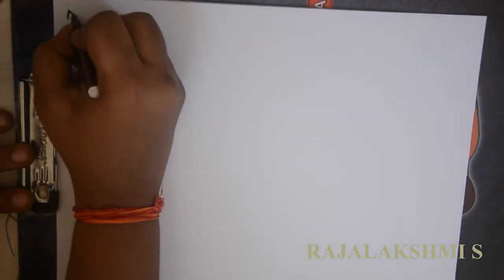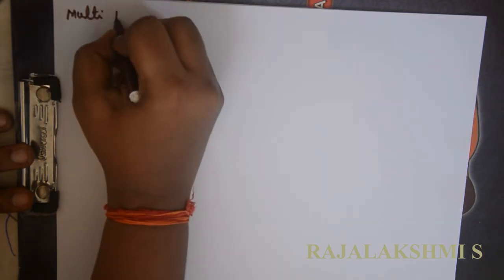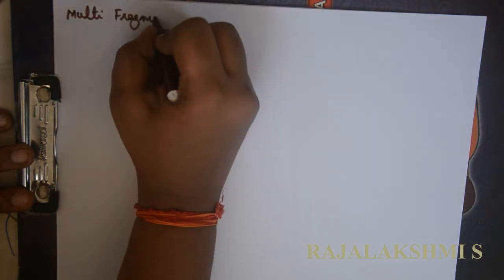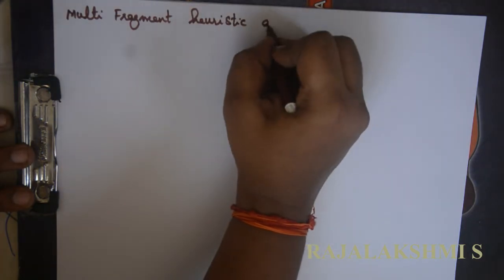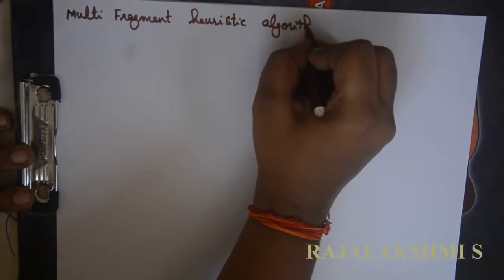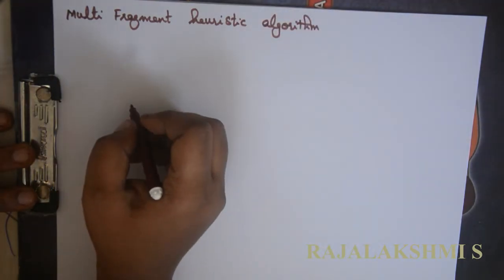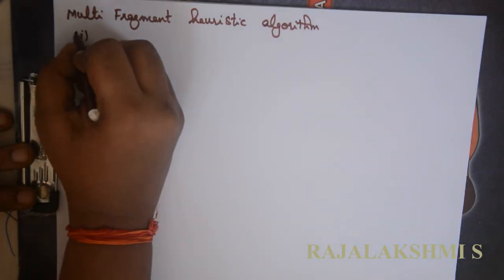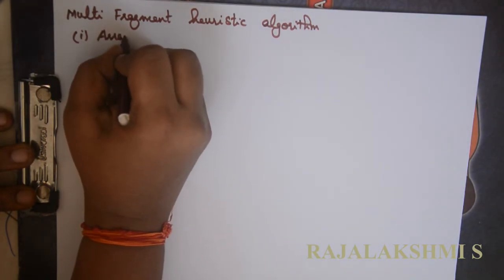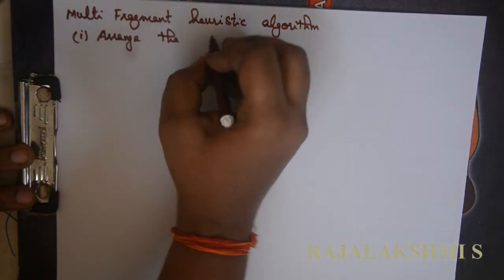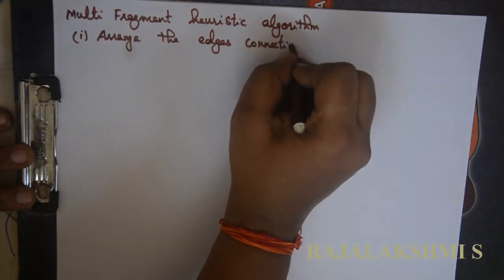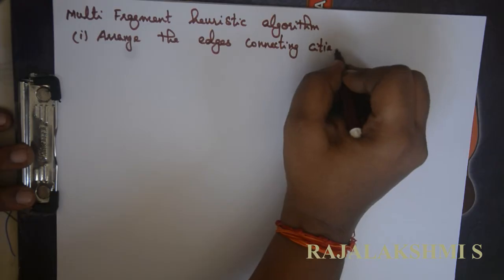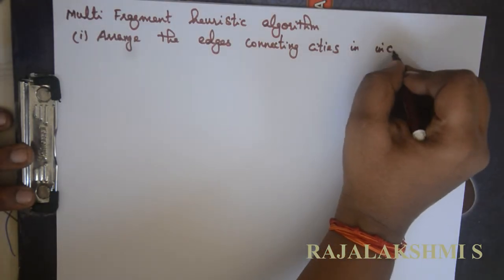Now the next algorithm is the multi-fragment heuristic algorithm. In this algorithm, the first step is to arrange the edges connecting the cities in increasing order.